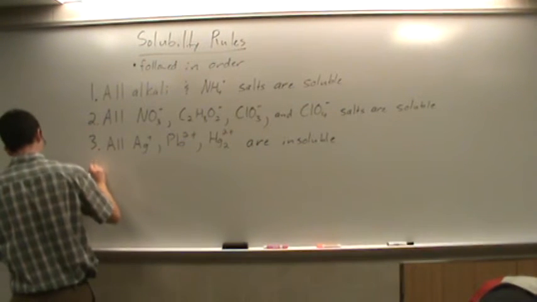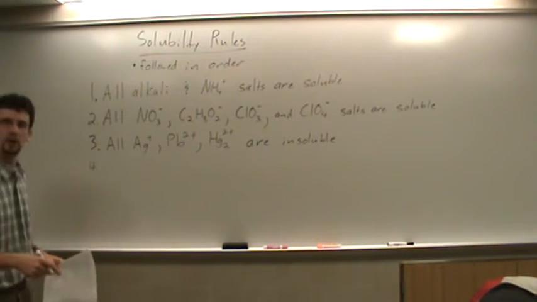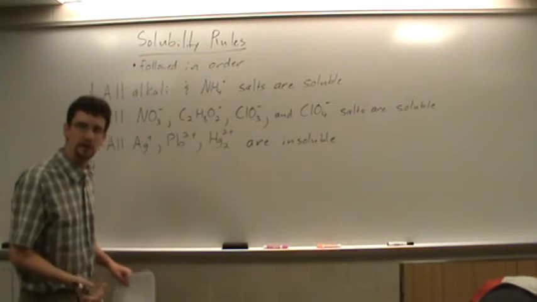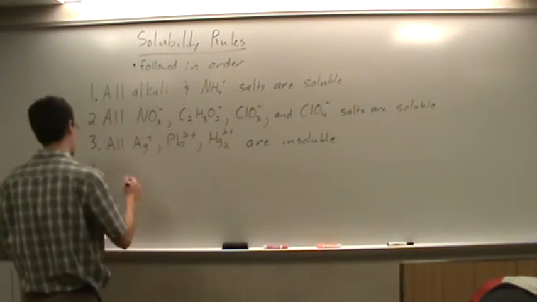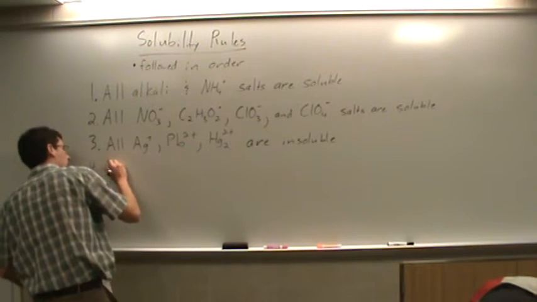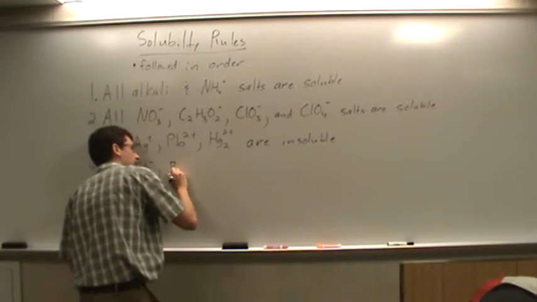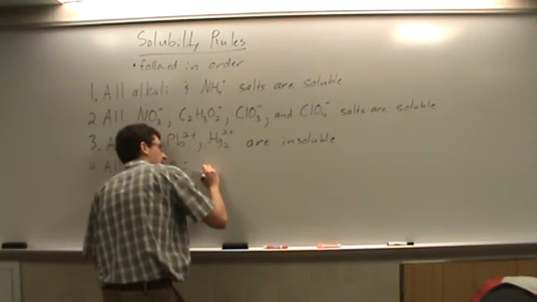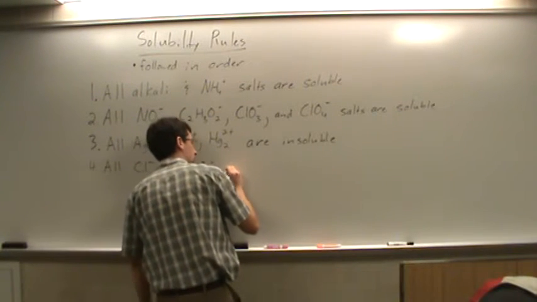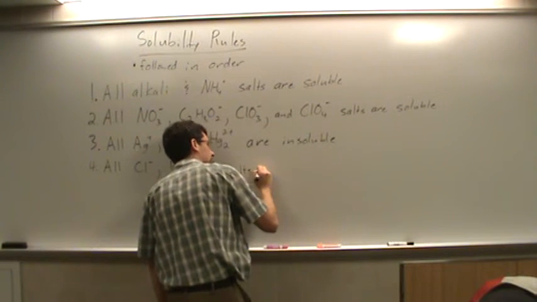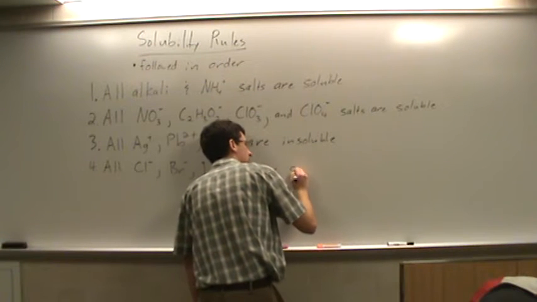Rule 4: most of the halogens are soluble, so chlorine, bromine, and iodine, all Cl minus, Br minus, and I minus salts, are soluble.